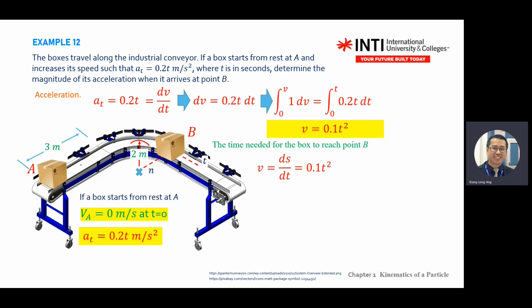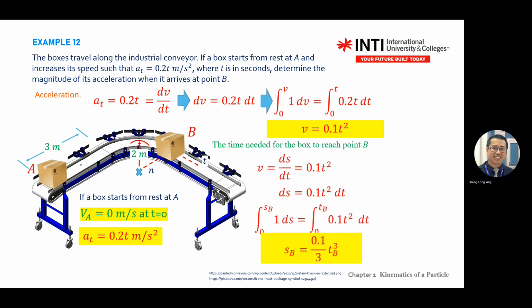Nico, for the next lecture, your homework is 10 differentiation questions and 10 integration questions. Submit next lecture. You will get 0.1 divided by 3 t cubed. How did you get 0.2 just now?